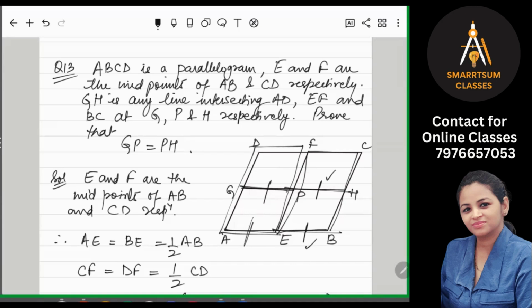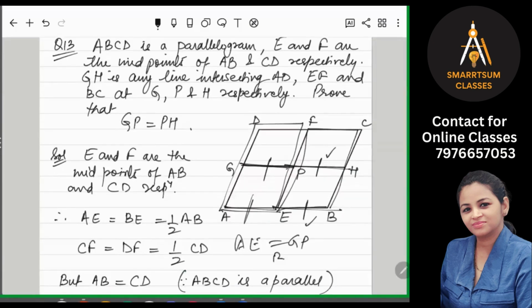Because the distance between the two parallel lines will always remain the same. That's the reason we have written AE is equal to GP, and BE is equal to PH. And since we know that AE and BE are equal, therefore GP and PH will also be equal to each other. Okay, so the same thing we have done here in this question. So I hope now you're getting it.